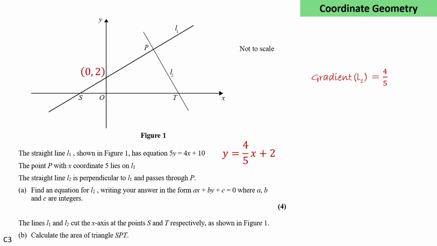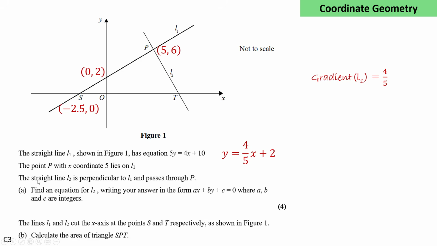It's also clear from that equation that the coordinates of S are minus 2.5, 0. We're told that a point P with x coordinate 5 lies on L1. Substituting x equals 5, we get y equals 6. So the coordinates of P must be 5, 6.